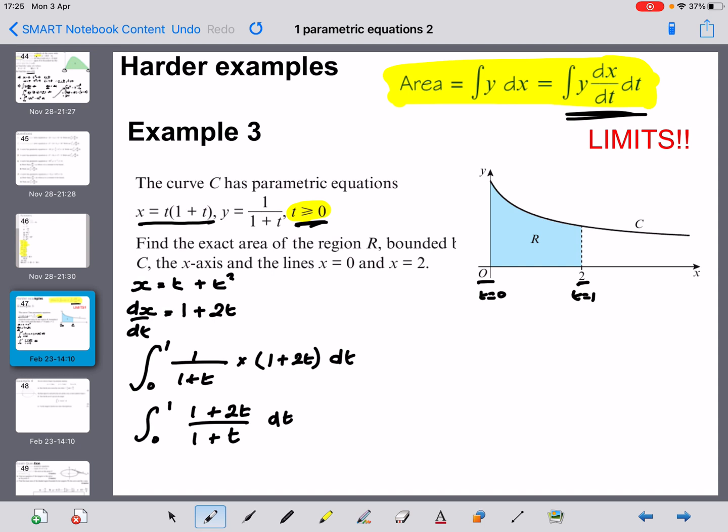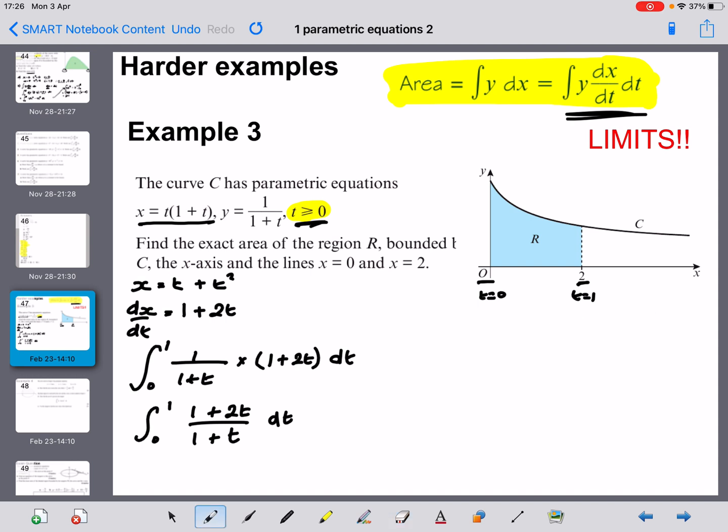So that's one option, where we could let u equal 1 plus t and then go from there. The alternative, which I would probably do, is long division, so you could rewrite this fraction as a mixed number by doing a bus stop and dividing the top by the bottom.